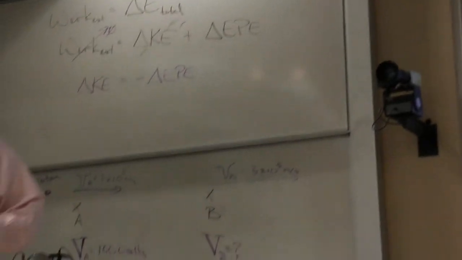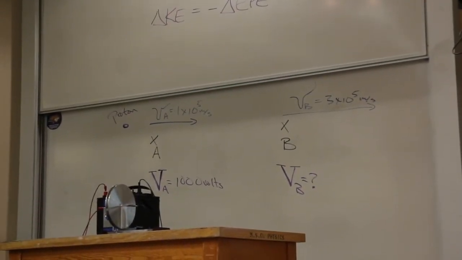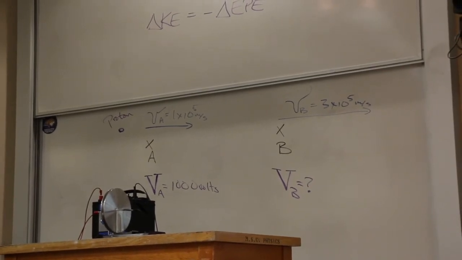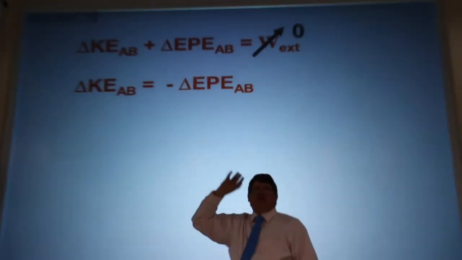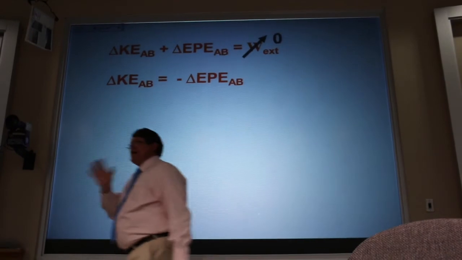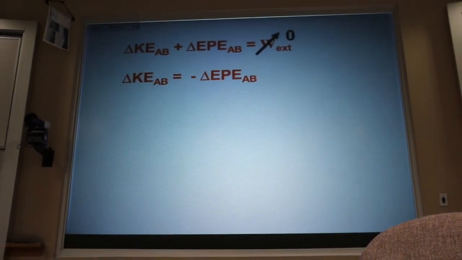And in 100% of the problems where the thing that's moving from A to B is a proton or an electron, you're guaranteed the Werk is 0. Why? Because you can't grab a proton. Okay? You can't grab an electron. And so that's going to be 0. And so this is where you're going to actually start. That equation is the starting point for 99% of your problems.